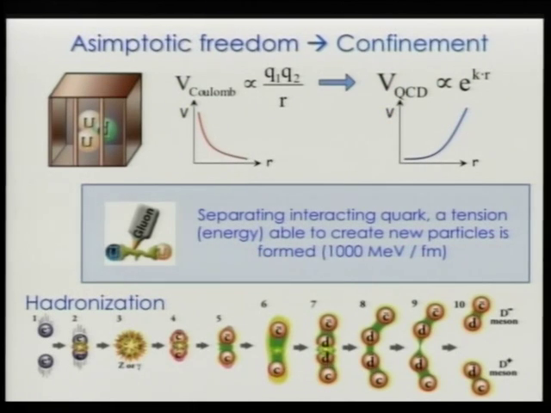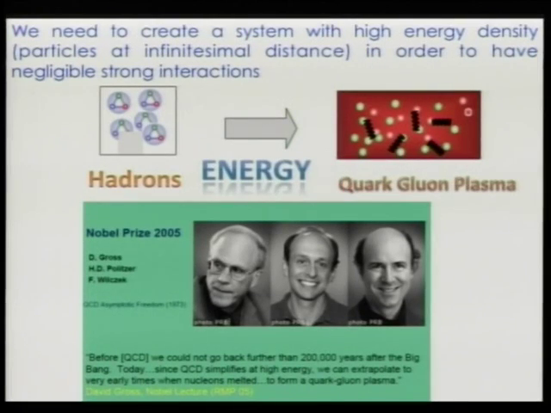Otherwise, they don't stay all together. They are able to form new particles. So we have to really compress these hadrons to form the Quark Gluon Plasma and to have a soup of these particles. These concepts that I roughly show you are the argument of the Nobel Prize in 2005, given to Gross, Politzer, and Wilczek.